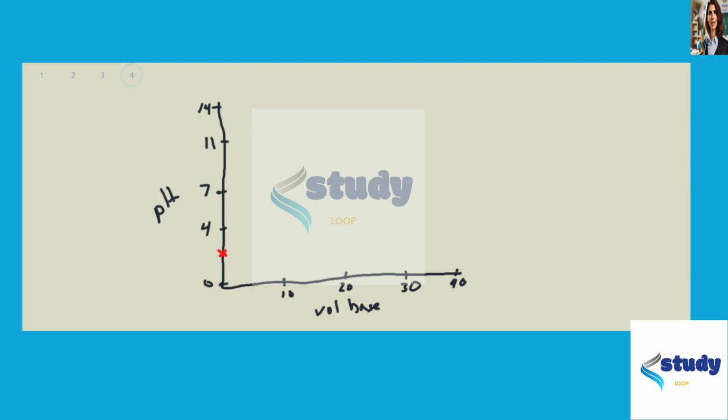So at 28.4 milliliters, the pH was around 6.49, so about here. Then at half the equivalence point, we had pH of 4.1 at a volume of 14, so roughly here.